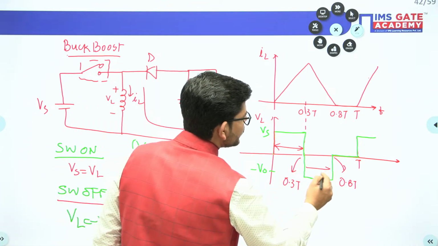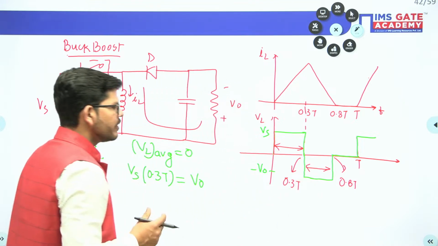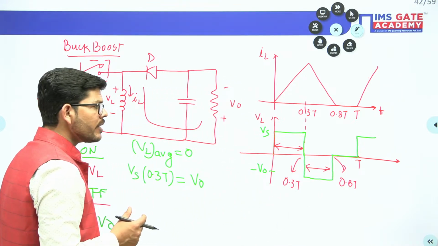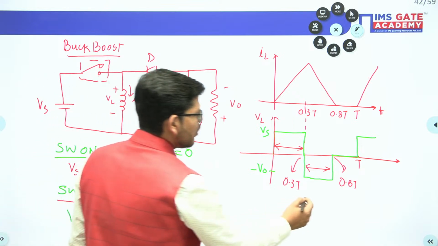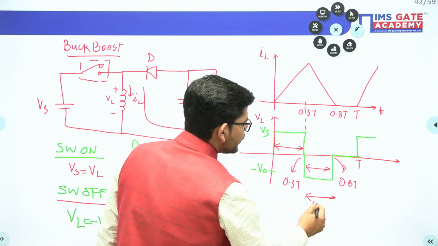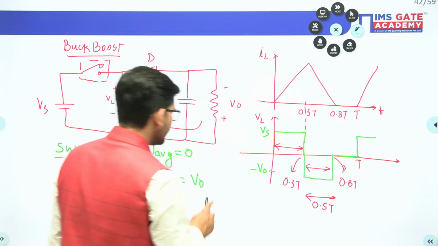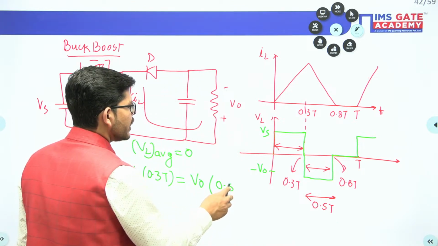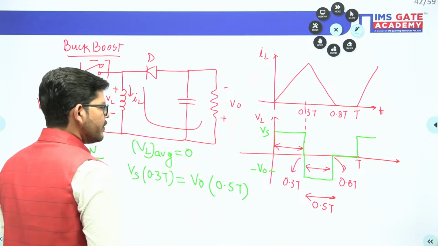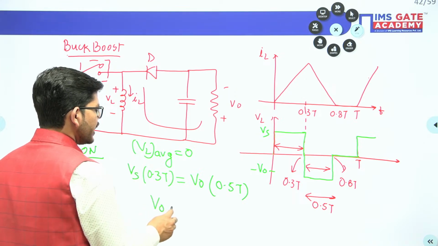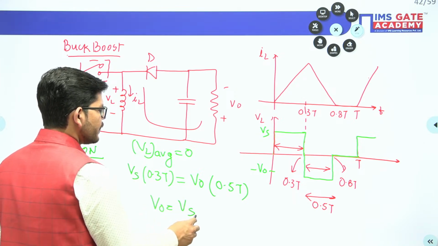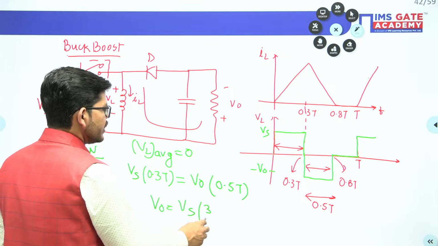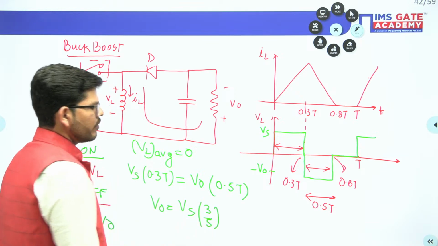How much will this duration be? This duration will be 0.5T. So you write 0.5T here. So from here, can you tell me what will be V naught? It will be 3 by 5 of Vs.